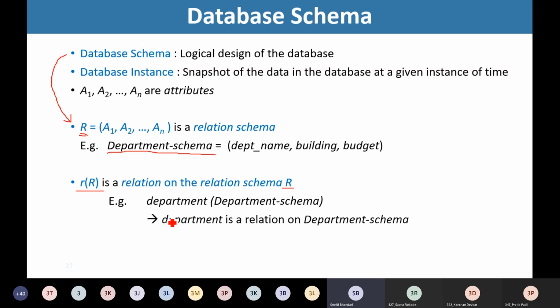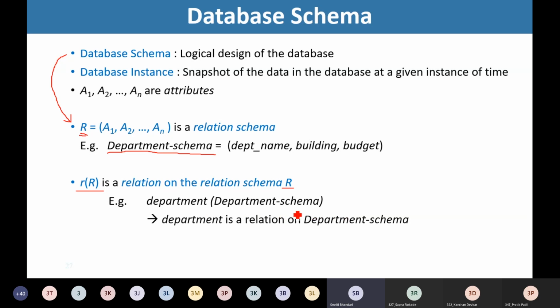I am describing here department as the relation on the department schema.